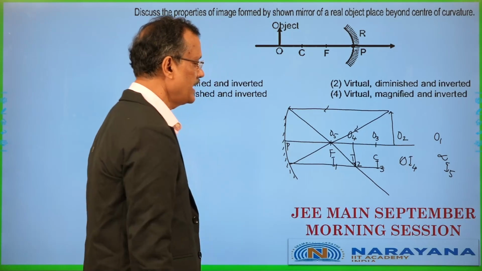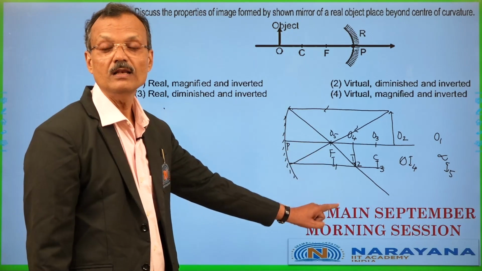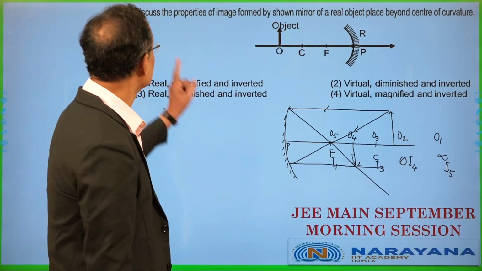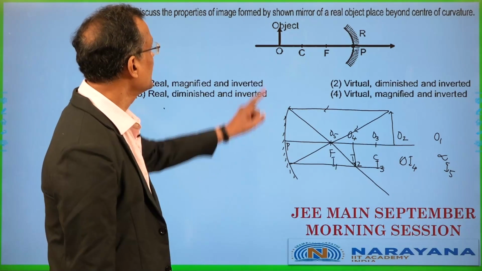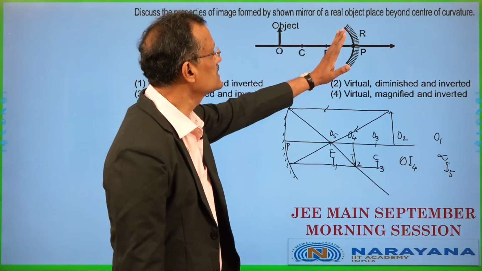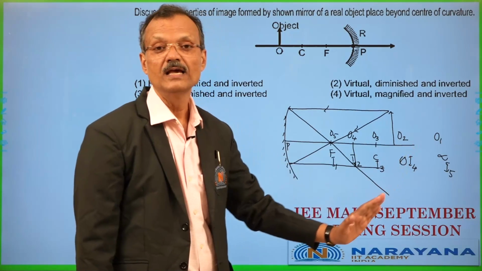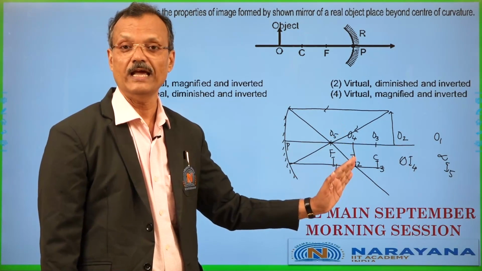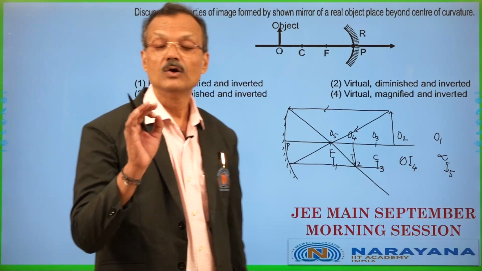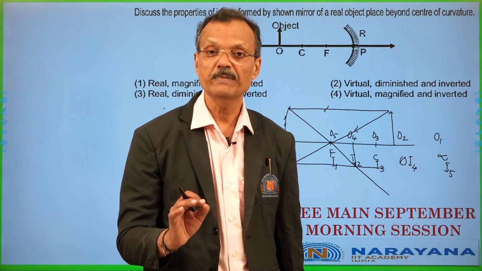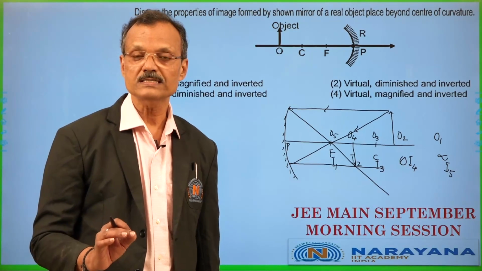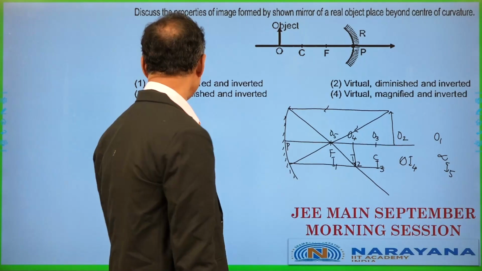What type of image? It is real, inverted, diminished in size. So, when they say that the real object is situated beyond C, it means that in between center of curvature and infinity, you are getting a real, inverted image, diminished in size, in between focus and center of curvature.